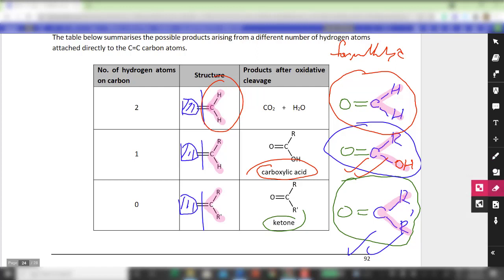So that means that these two CH will be further oxidized to give me carboxylic acids. And this particular carboxylic acid is actually present in your soft drinks. It's what we call carbonic acid.